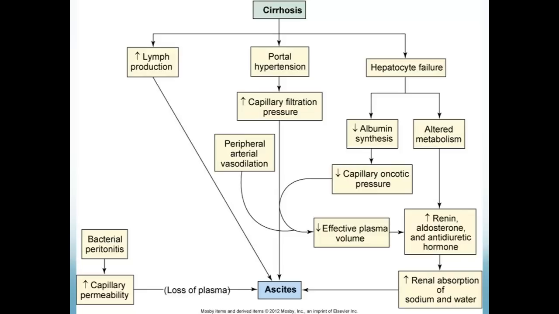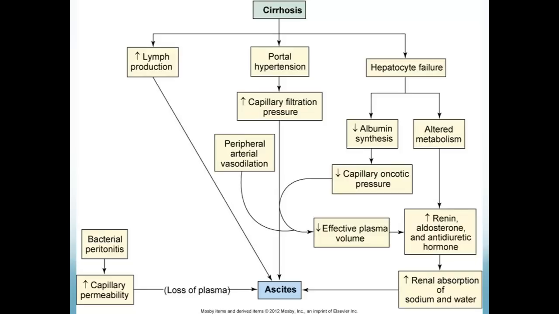Decrease in hepatocyte function. So over on the right-hand side, hepatocyte failure as a result of the liver not functioning well. We have decreased albumin synthesis, which causes decreased capillary oncotic pressure. Remember, albumin is one of the primary proteins that holds fluid in the vasculature. So that's going to cause a decrease in our effective plasma volume.